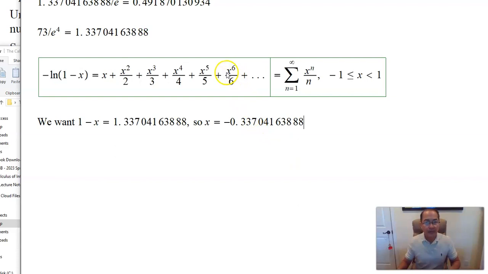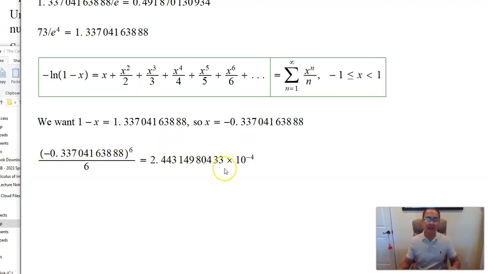So what happens if we take the 6th power over 6 and we get approximately 10 to the minus 4. Okay, I'll accept that. That's fine.